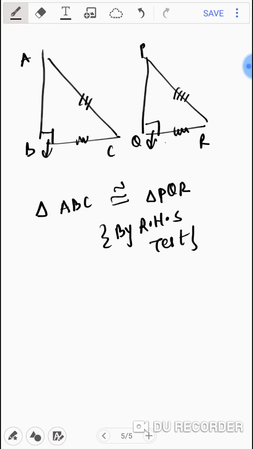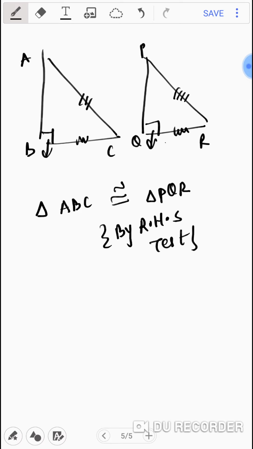It is given that AC is equal to PR. So hypotenuse is equal, 90 degrees means angle B is equal to angle Q, and any one side, whether BC or QR or AB or PQ, is equal. So we will say that the two triangles are congruent by the right angle hypotenuse side test. So these are the 5 tests which will be applicable for your coming exercise.